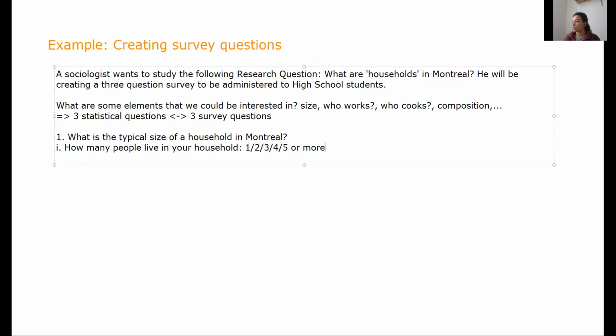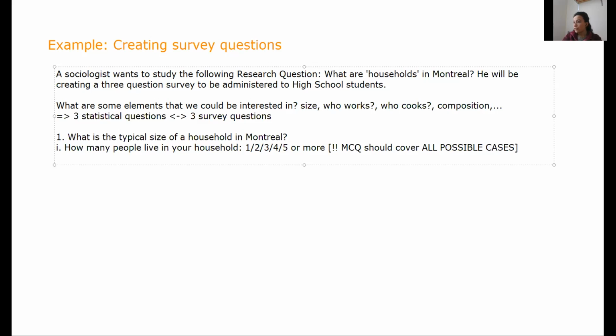So what this means is I have now just these 5 options, and the person answering can only choose between these options. Now here I'm going to put a big warning: when you have a multiple choice question, you need to make sure that the options cover all possible cases.